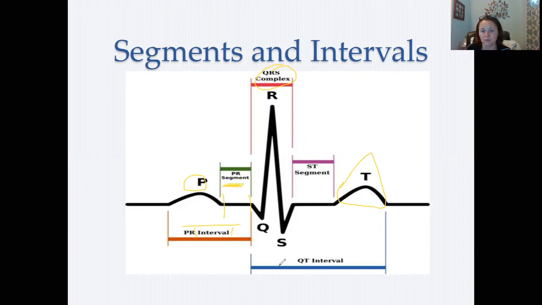Just hang tight, we're going to go through all these pieces. We're going to start with looking at each of these pieces, this P wave, the PR interval, the QRS complex, and then this QT interval and T wave.